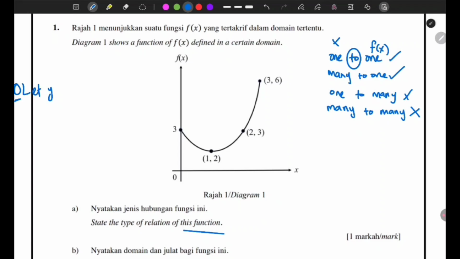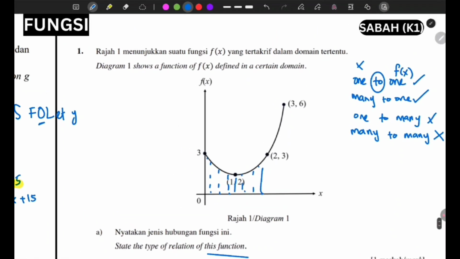That's it. So you realize your x here, this is all your x, and this is all your fx.